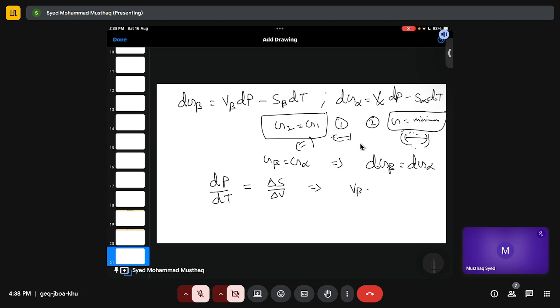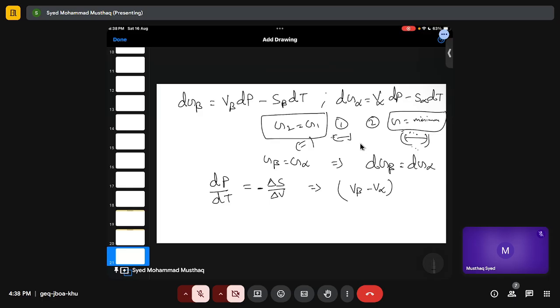It is V beta minus V alpha. You have a minus term here as well.